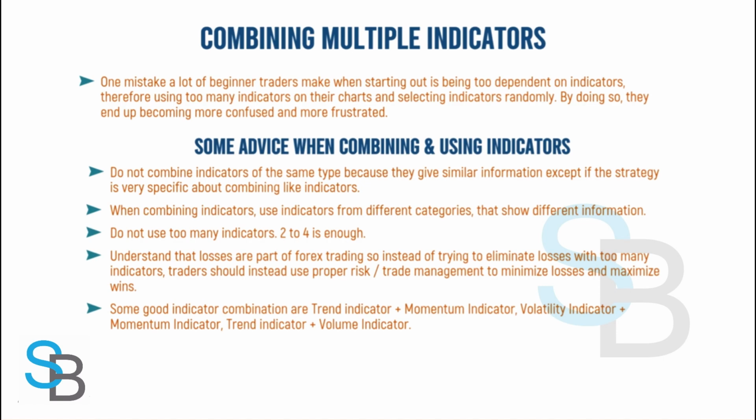Some indicators tend to perform better in trends, some perform better in consolidation, and so on and so forth. When you use indicators properly, you tend to get the best entry and exit points. So do not combine too many indicators as a trader. Do not just follow them blindly.